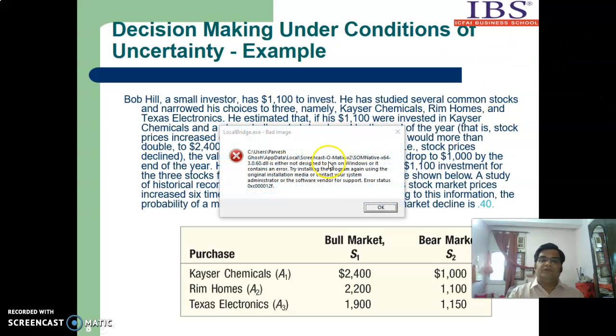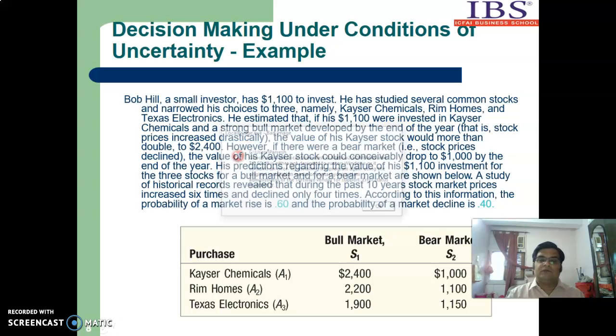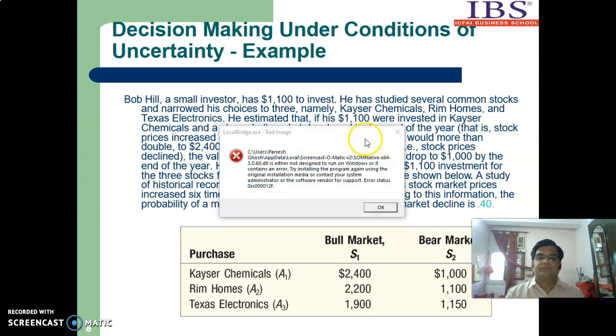But if it is a bearish market, he will get a return of $1,000. Next is Ream Homes.